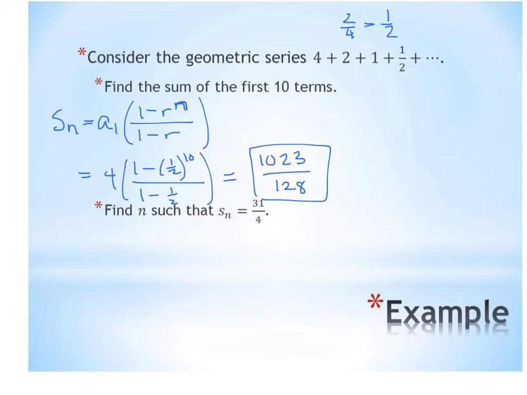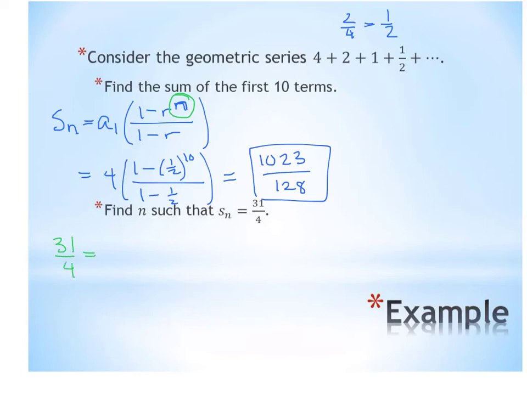So the next thing I want to do is solve for n, but notice where n is. N is an exponent. Okay, keep in mind we did a whole chapter on how you solve for an exponent. Well, S sub n is going to be 31/4.